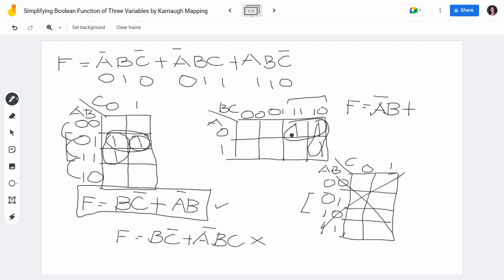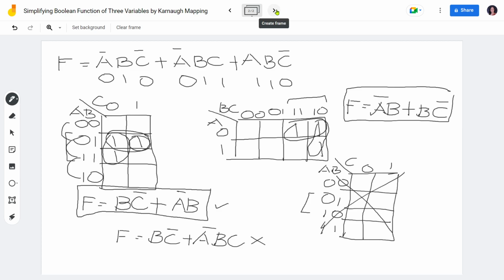Since the values of A here has changed 0 and 1, we have to discard it. And then since these two ones are in the column 1, 0, so we have not B, not C. Okay? Are they the same? Of course, they are the same, only with the order, in which the order doesn't affect the output.